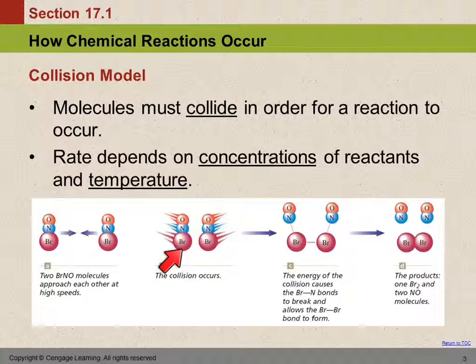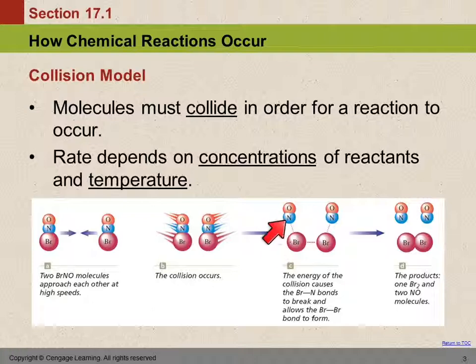In order for new bonds to form, the old bonds have to break. Does that make sense? If you've got two Lego structures and you're going to make something new out of it, you have to take the old ones apart first. That requires some energy. So these guys run into each other. If they collide with enough energy, then some of these bonds will break, which will allow new bonds to form.